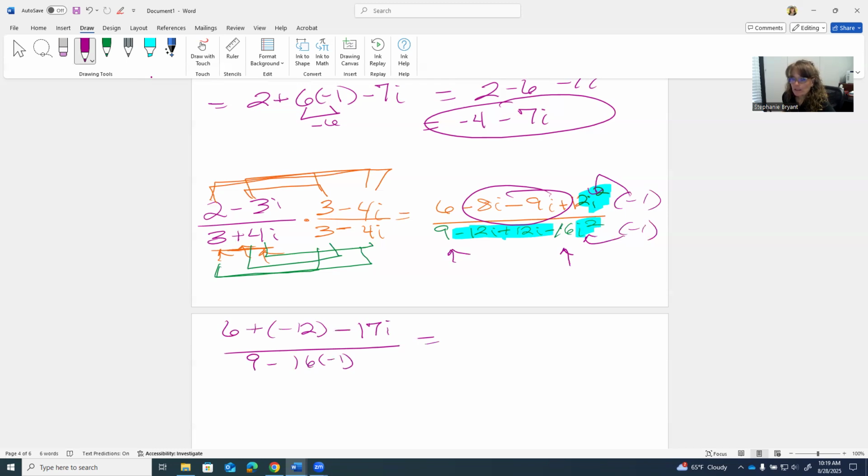So now I got 6 minus 12 gives me a negative 6, minus 17i over 9 minus 16. Negative times negative is positive, 1 times 16. So now I got 9 plus 16 gives me 25. This doesn't reduce. So that's my answer. But let's write it as real minus the imaginary.